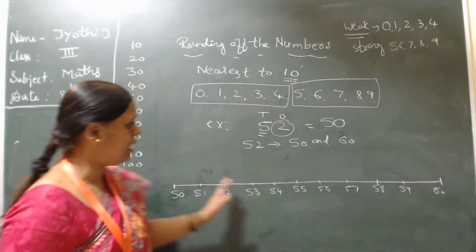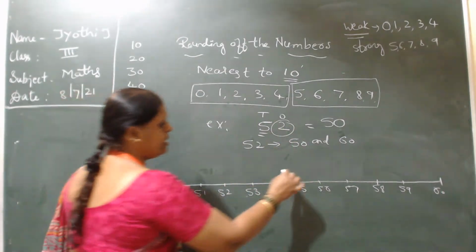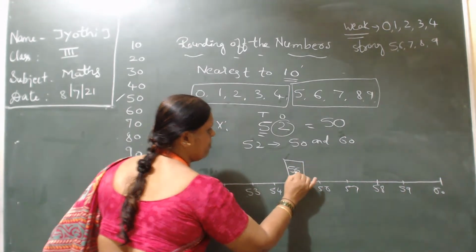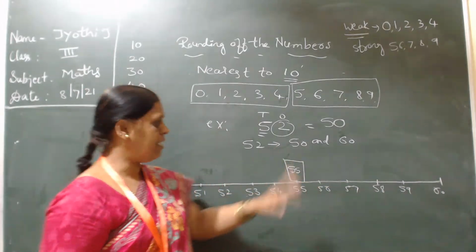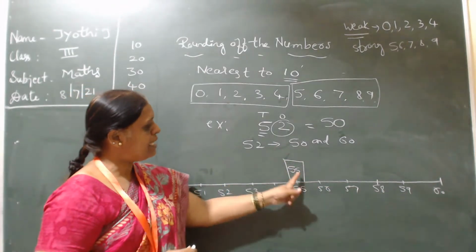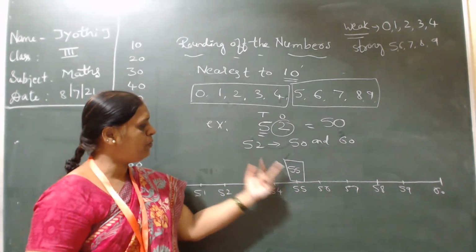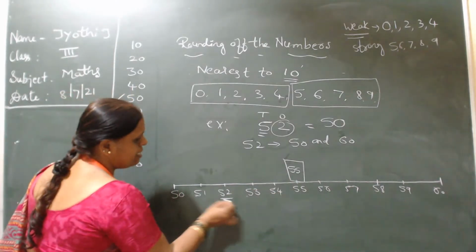This number comes between 50 and 60. The middle number is what here? The number is 55. 55 is the number between 50 and 60. Now 52 is lesser than 55 or more than 55? So 52 is less than 55. So our number is here.